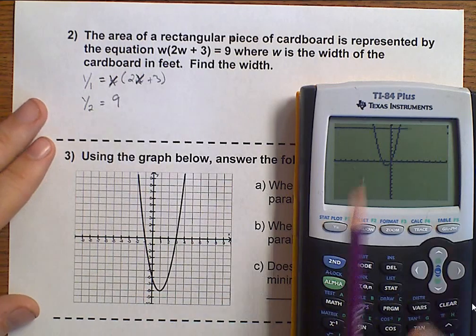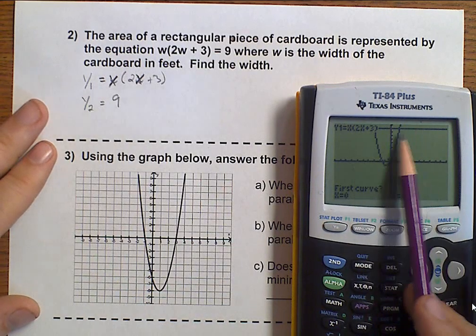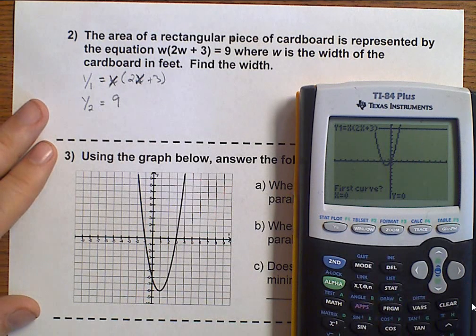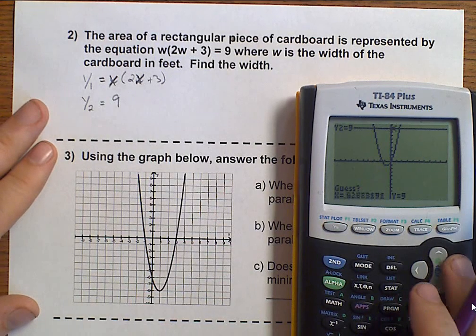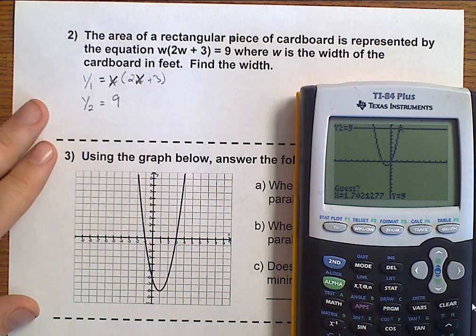Notice we can see both lines. One of these is negative, the other one is definitely positive. For our first curve, we hit enter. For our second curve, we hit enter. And for guess, we need to scroll over to where our point is close to the intersection and hit enter.